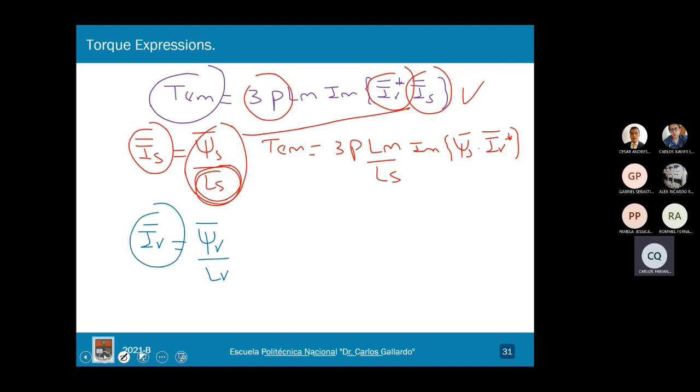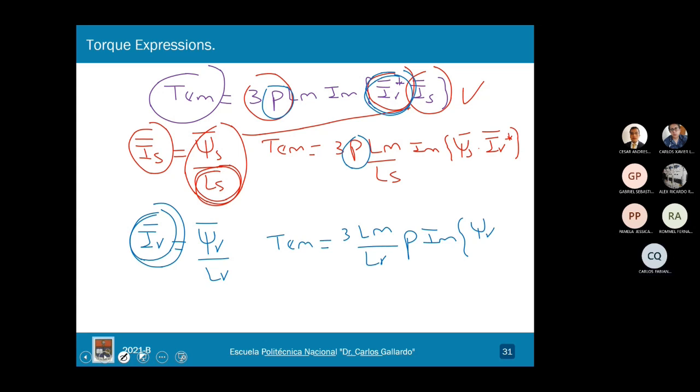Substituting this equation here, I get the electromagnetic torque equal to 3 times the magnetizing inductance over the rotor inductance, times the number of poles, and the imaginary part of the conjugate of the rotor flux times the stator current.